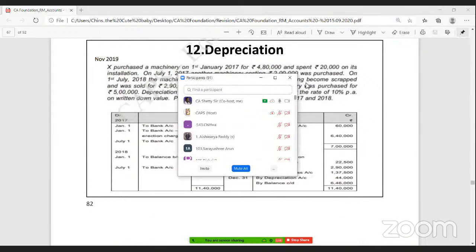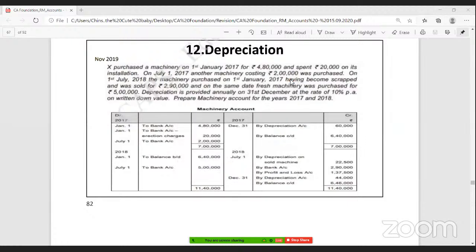Fresh machinery on 1st July is 5 lakh, P2.